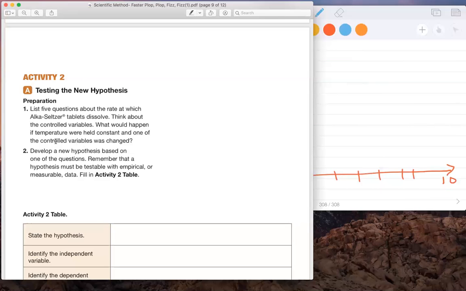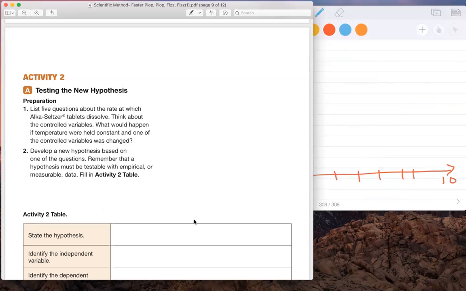Upon looking at the observation in activity 1 and the 5 questions, you will now develop a hypothesis here, which you will test. Hypothesis, all right. If the rate of dissolution of antacid, if the rate at which it is dissolving is a function of temperature, or you can formulate your own hypothesis, identify the independent variable.